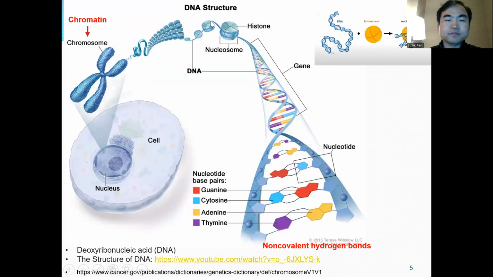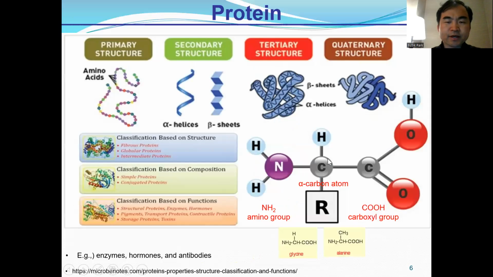Now DNA, as we know, is in a cell. Inside the cell, it has a nucleus and the chromosome. The chromosome is composed of nucleosomes. It can be divided into DNA and histone, and the gene, nucleotide, and those kinds of things.